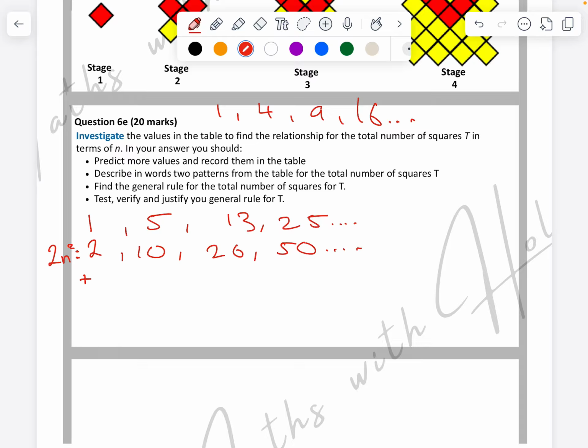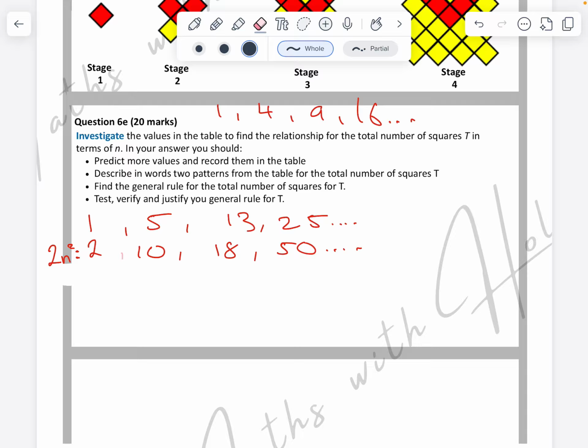This is going to be plus 1, plus 5. Oh, no, that's not right, is it? Sorry. That is minus 1, minus 5. Don't know why I wrote 26 there, that's not right. It's 18, isn't it? 2 times 9 is 18. So that's going to be... Oh, what have I done?